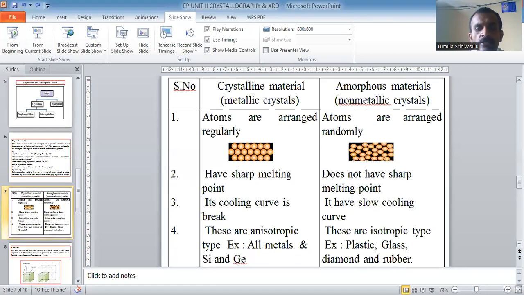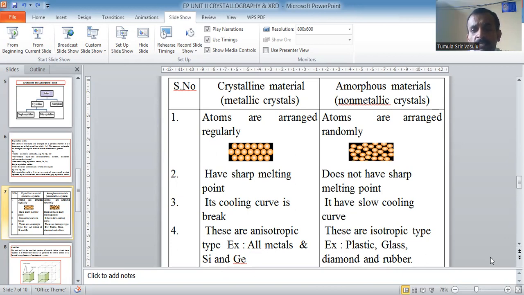Here, crystalline materials are anisotropic type. Amorphous materials are isotropic type. Isotropic means that all the properties of the material in all directions are the same. So all metals, silicon and germanium have anisotropic behavior.